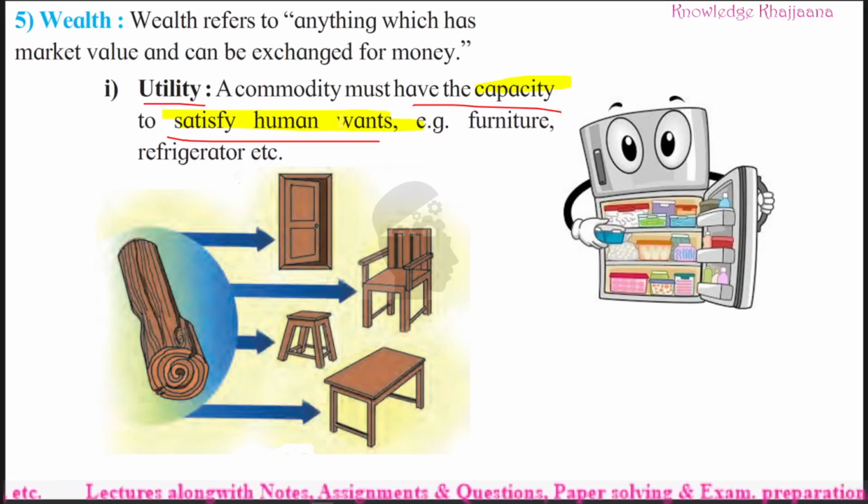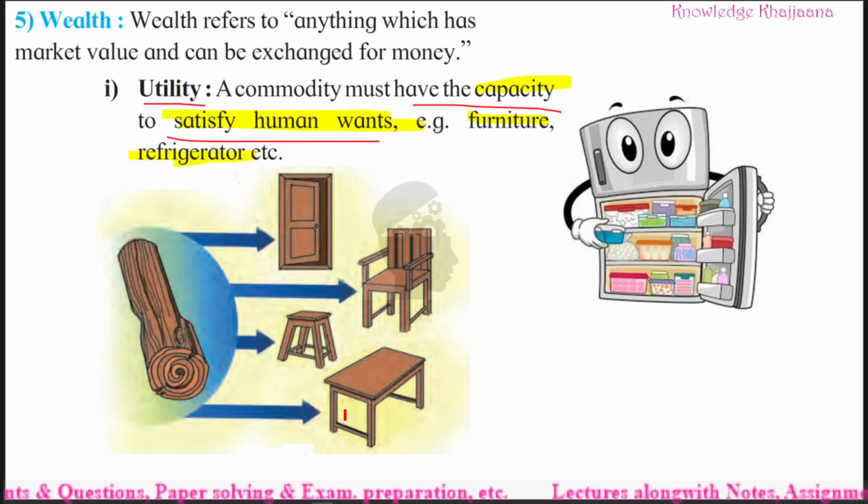See, with many commodities, for example, furniture, refrigerator. For example, you can look at this furniture. This is a log of wood. Now different kinds of furniture have been made out of this log of wood. Now see, this chair has utility. This stool has utility. This table has utility. This door has utility.